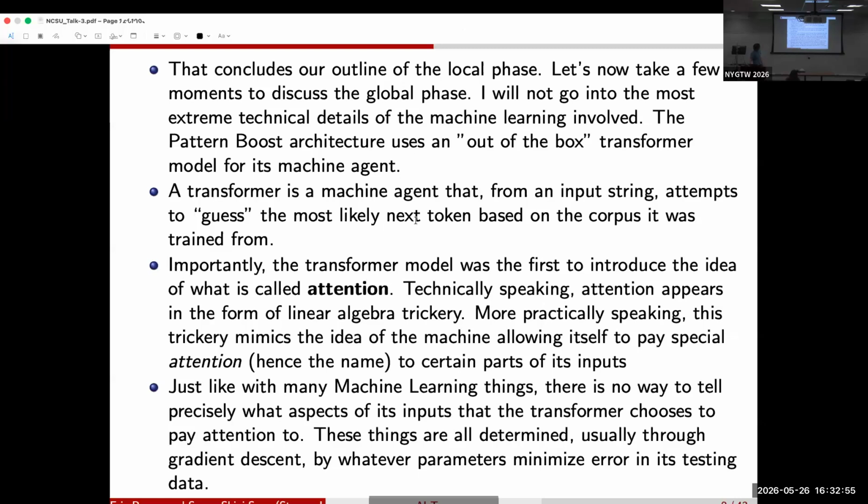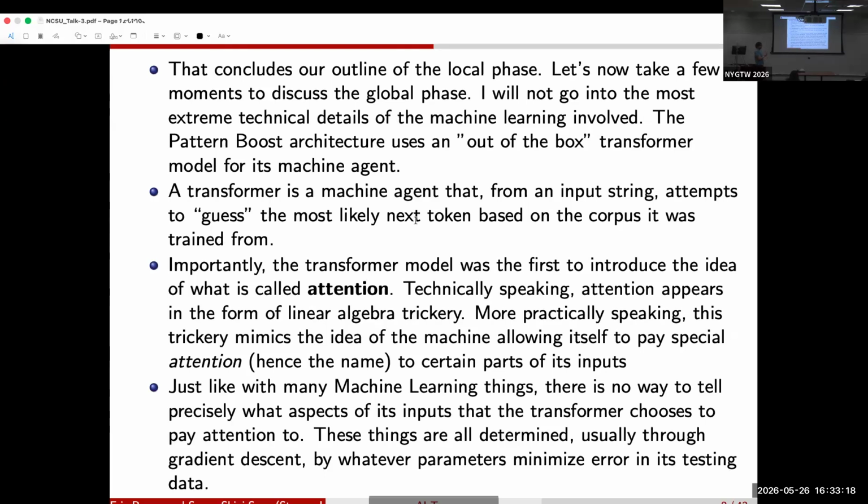Just like with any machine learning thing, there's no way to tell precisely what aspects of its inputs the transformer chooses to pay attention to. This is a very active realm of research for machine learning people. The machine gets better and better, and it's like, oh, cool, so it must be paying attention to something.